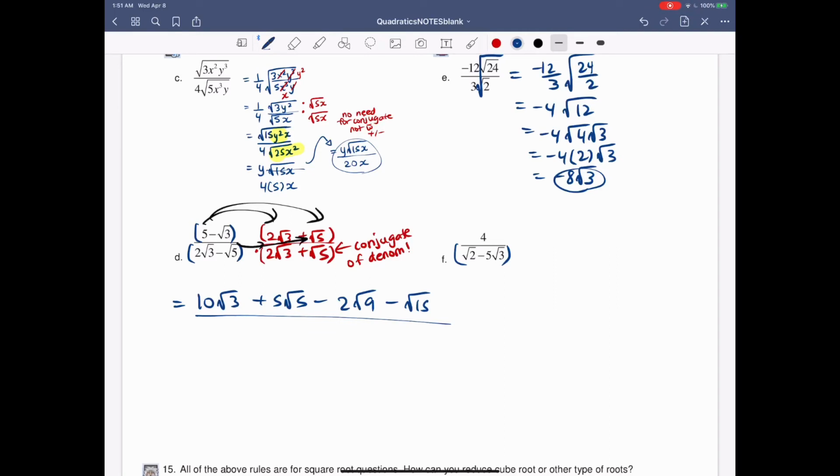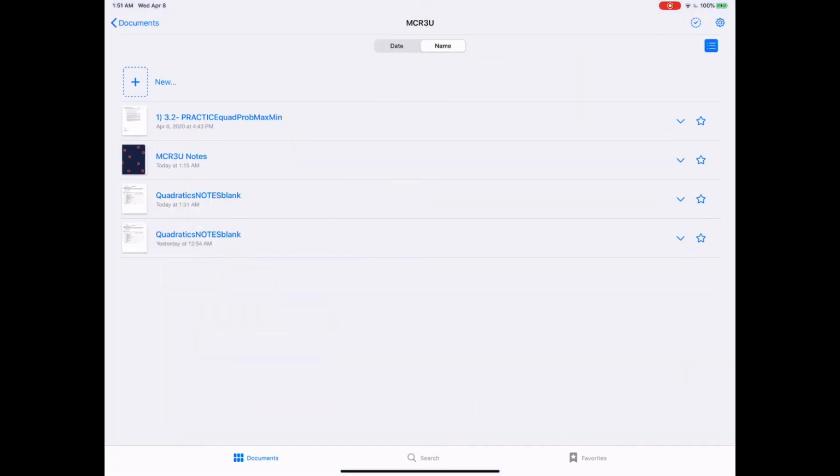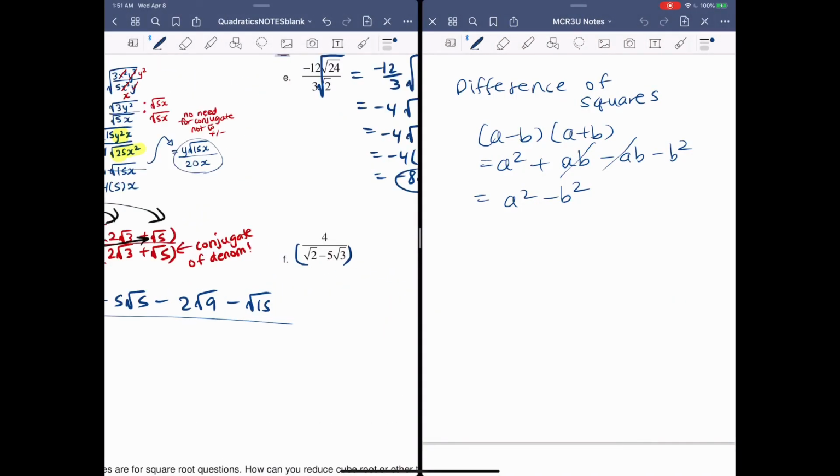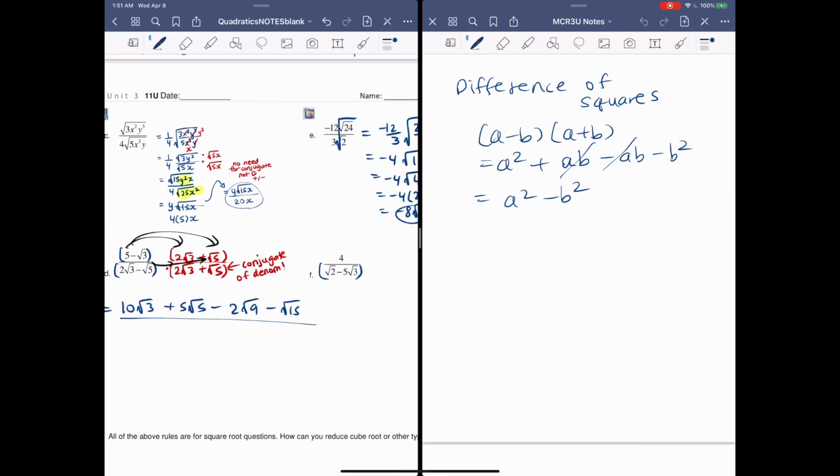And remember, when you FOIL out your denominator, we're going to have a difference of squares, right? Difference of squares is going to help me realize that I'm going to have these terms cancel out. I want to just write the simpler ones.